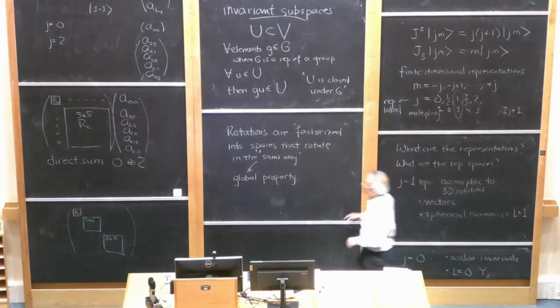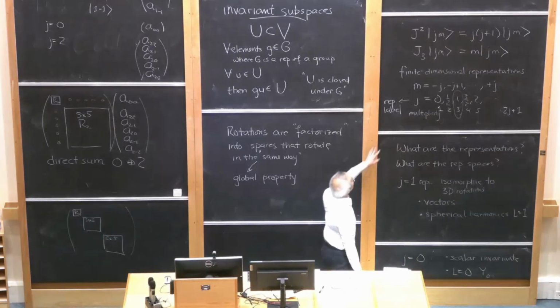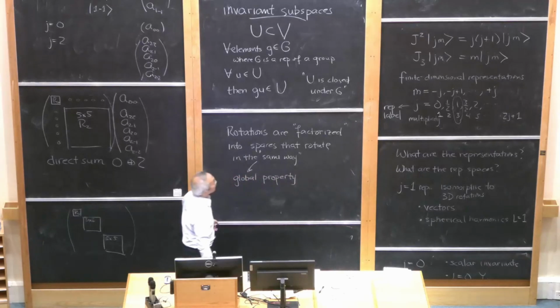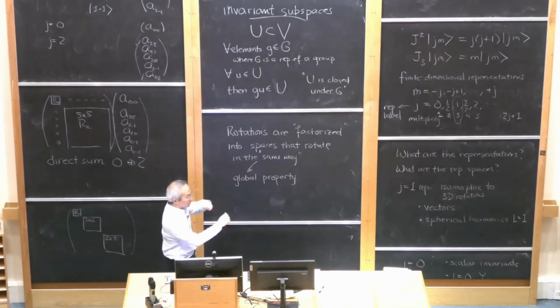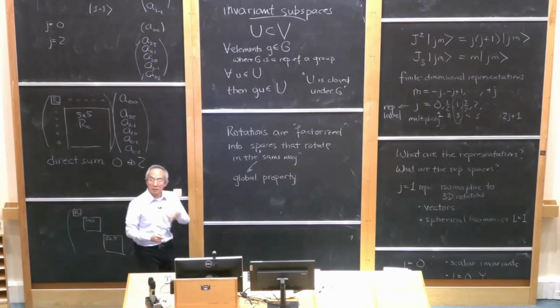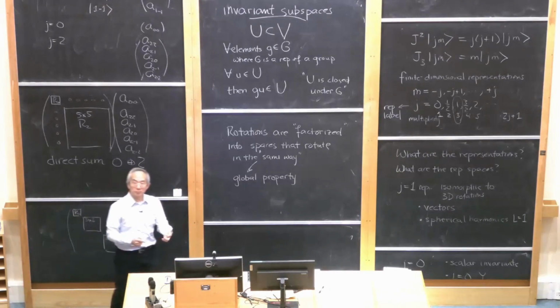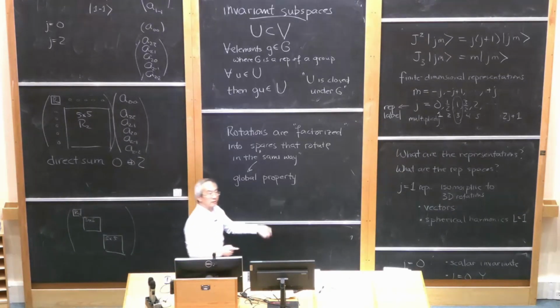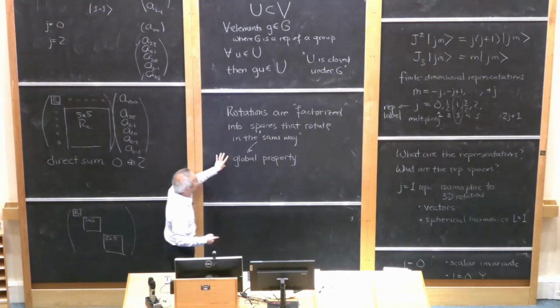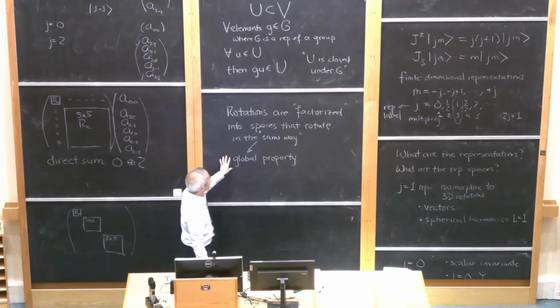But when you then break it up into all these, in this case, finite dimensional representations, you find that these representations, yes, they are all describing rotations, but the thing that differentiates one representation from another is that global property of the period. So J equals 1 has the period of 2 pi, J equals 2 has the period of pi, et cetera, et cetera.